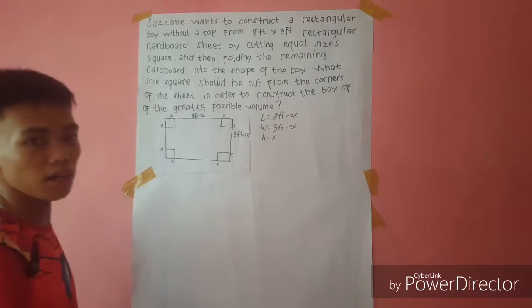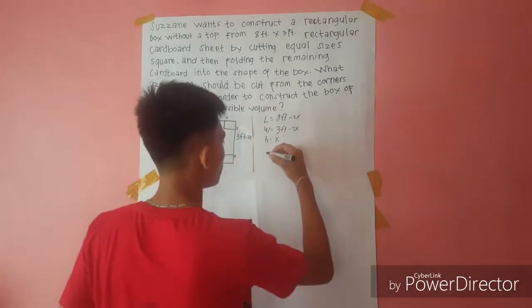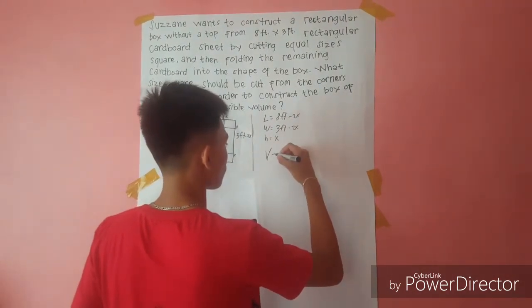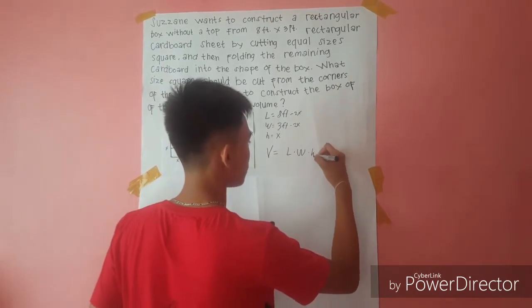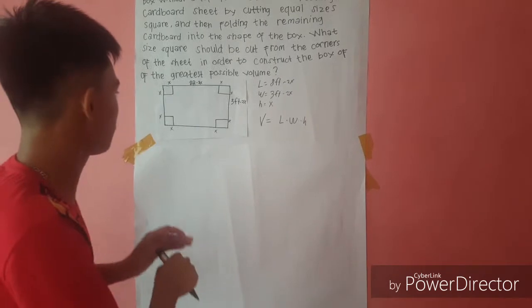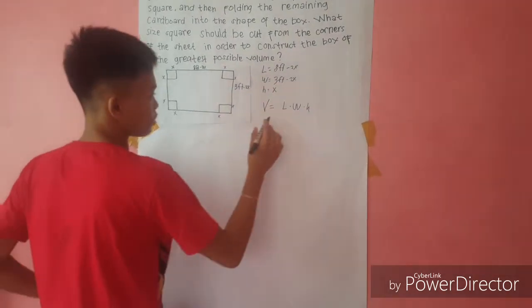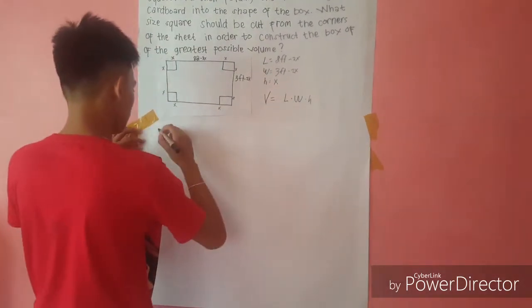So the formula of the volume is length times width times height. So let's substitute using our formula.